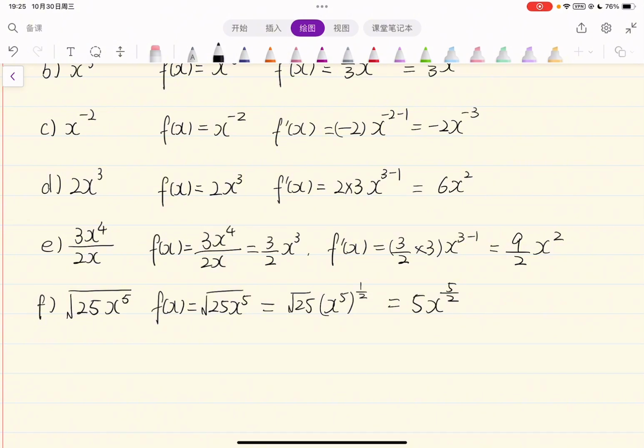Thus, the derivative of this function equals 5 times 5 over 2 times x to the power of 5 over 2 minus 1, which equals 25 over 2 times x to the power of 3 over 2.